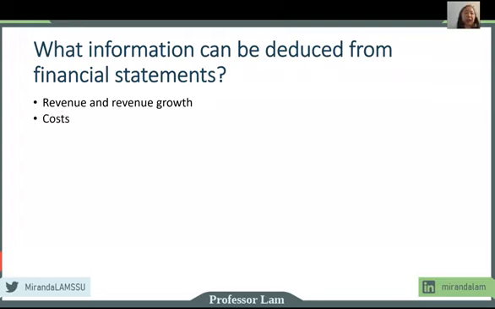Again, cost is important. We can look at the strategy associated with that. And then we also look at the efficiency. So when we look at efficiency, we can compute ratios, and we're going to learn how to use financial statements to compute ratios that help us identify the operating efficiency of the firm.